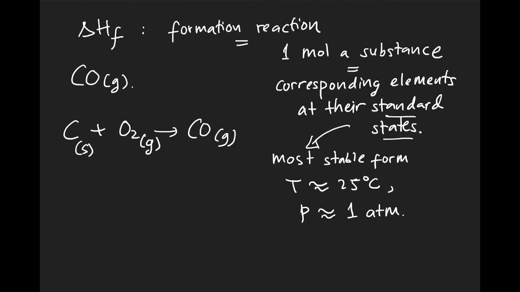And you have to put the substance that you want to make to be 1 mole, so the coefficient has to be 1. So the rest should follow. In this case, the oxygen should be a half. The delta H for this reaction is what we call the delta HF of carbon monoxide.